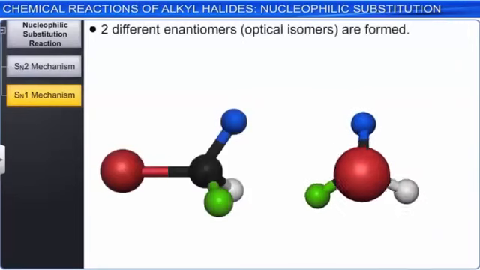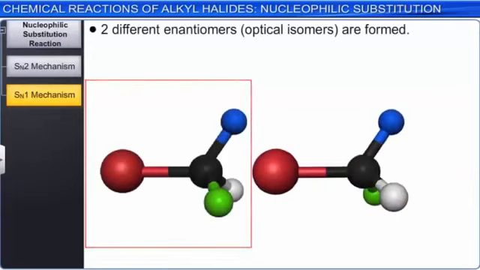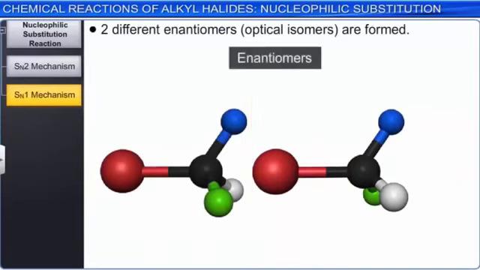Even if we rotate the right-hand molecule around the bond between the black and blue atoms, it still doesn't match the left-hand molecule. We call these enantiomers. In the SN1 mechanism, both enantiomers are equally likely to form.